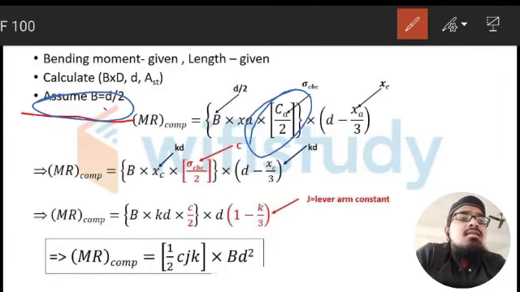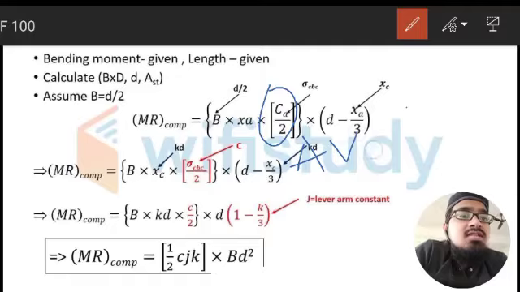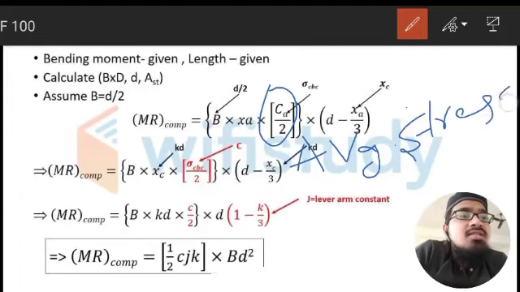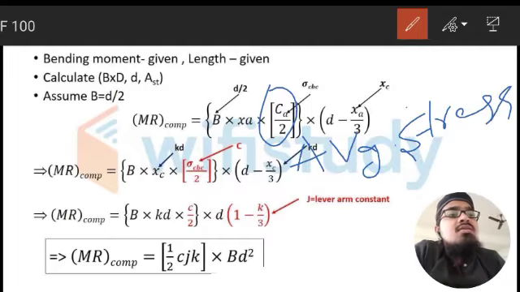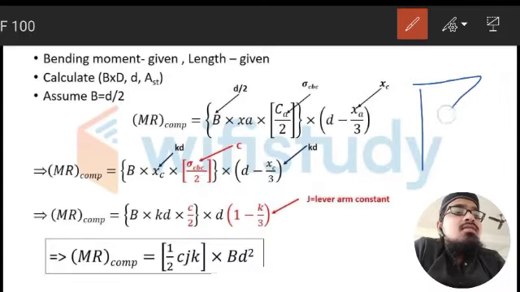So observe carefully. Here CA by 2 means average stresses, and those are also permissible stresses only. You have seen the stress diagram, how it is going to be. It is going to be like this in the balanced section.